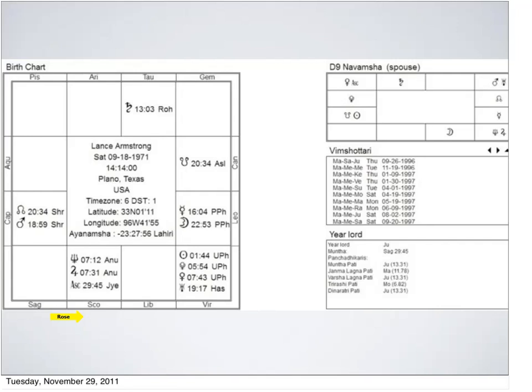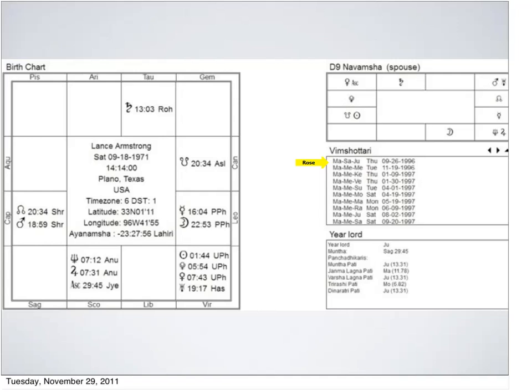The Mahadasha and the Bhukti period are those periods that really set things off. For instance, he was in a Mars and Saturn period.